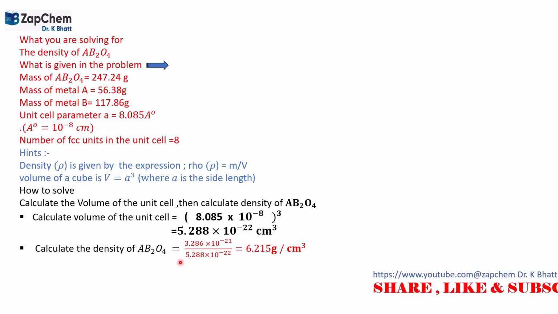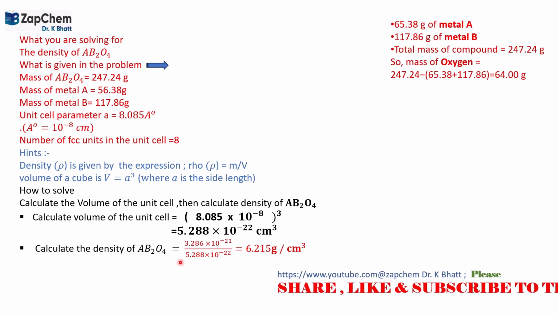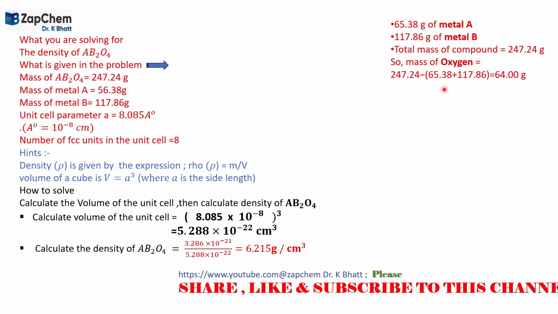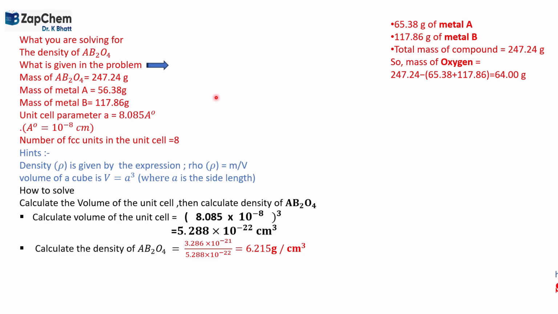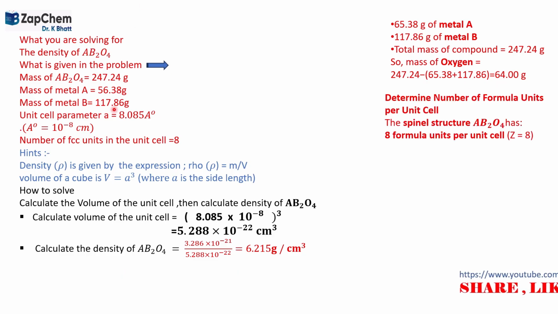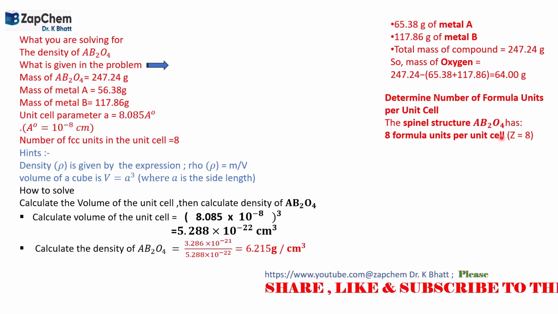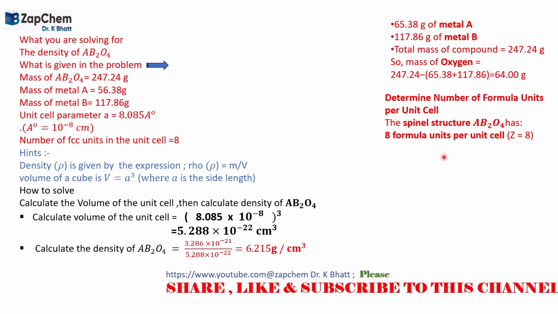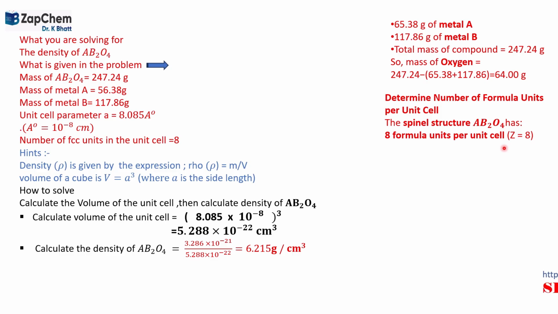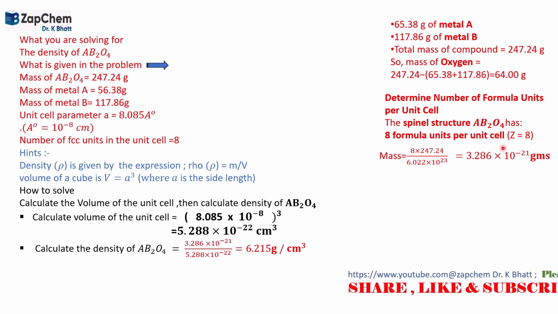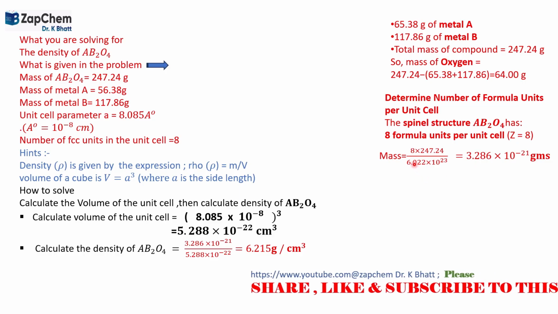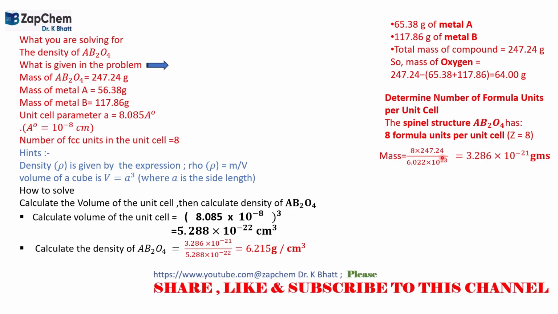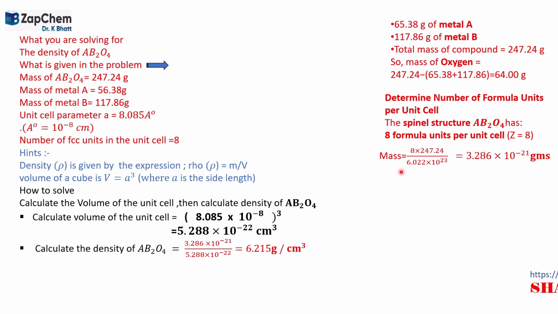Now here is the calculation. The data are provided here, and oxygen is 64 grams as I have already explained. And then the formula units per unit cell: since it is FCC, there are 8 formula units per unit cell, so Z will be equal to 8. Then mass will be equal to 247.24 into 8 divided by Avogadro's number.